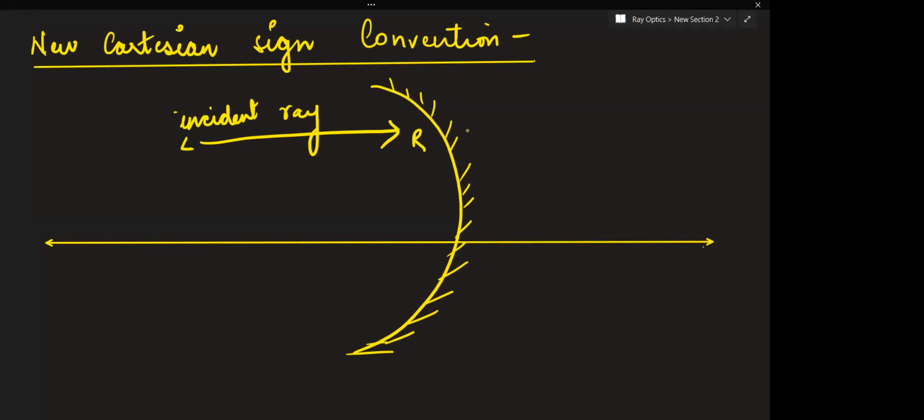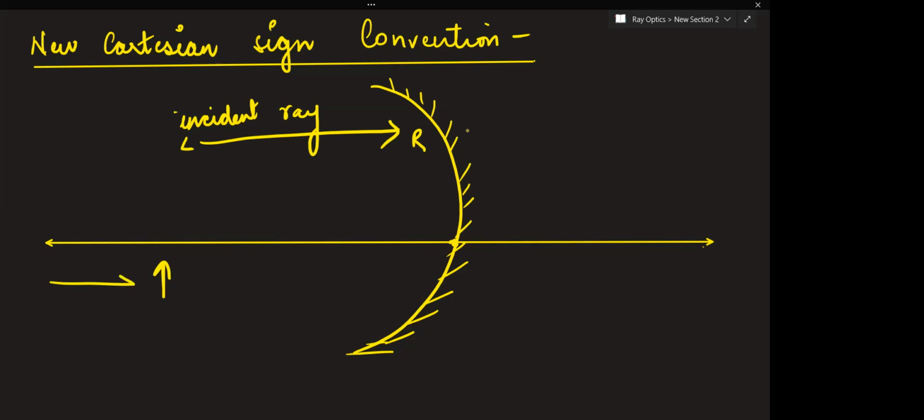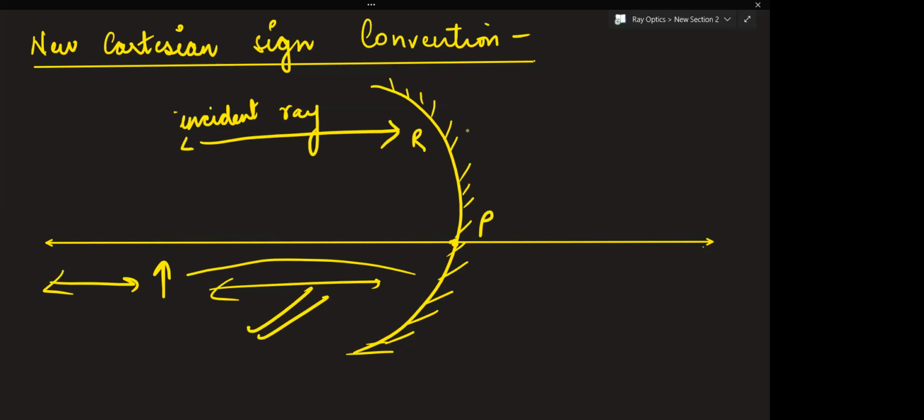And all the distances, how will you start? If I have an object here, how will you measure? Will you measure this part or this part? You can have two possibilities, no? So remember, you will measure this, because all the distances are measured from the pole. From the pole begin your calculation.